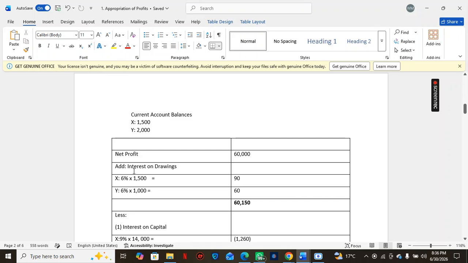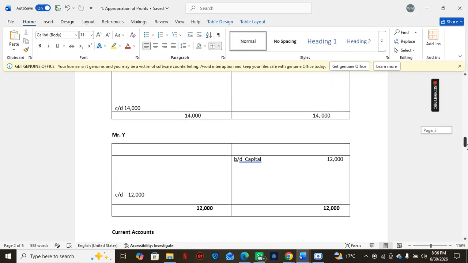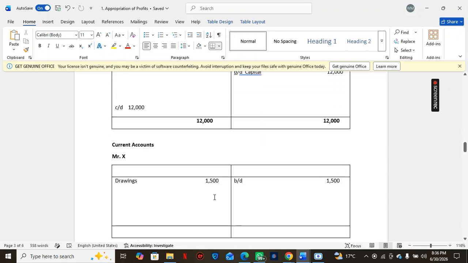Then we've also got the interest on drawings, which is 90 kwacha. So this also goes on the debit side, interest on drawings.